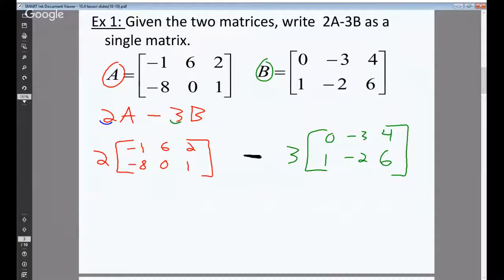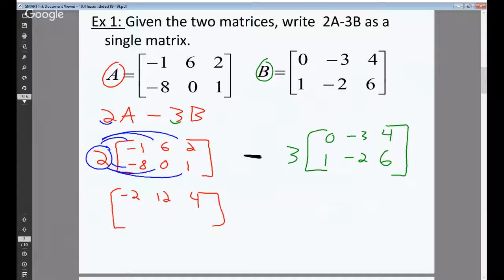Just a refresher: anytime you multiply a matrix by a scalar number, all you have to do is take that number, like in this case the number 2, and distribute it to each element in your matrix. So if we multiply the 2 to every element in matrix A, we get -2, 12, 4, and then -16, and 2 times 0 is 0, and then 2.